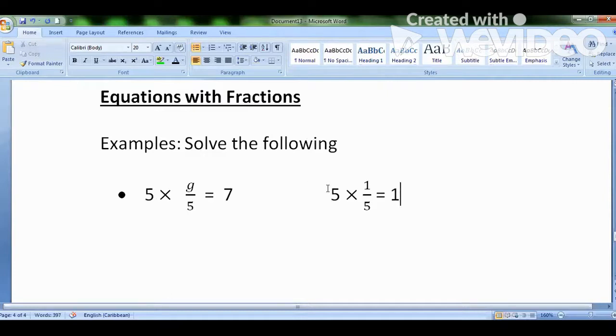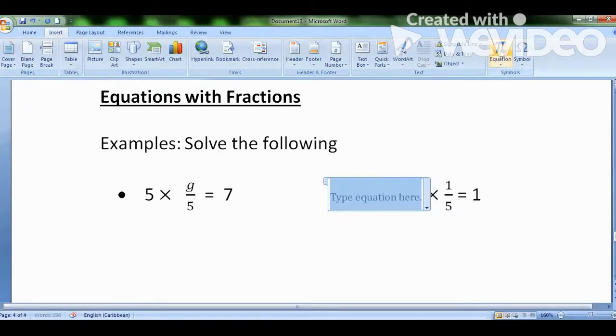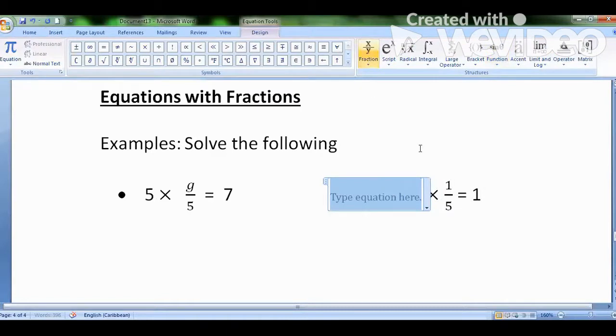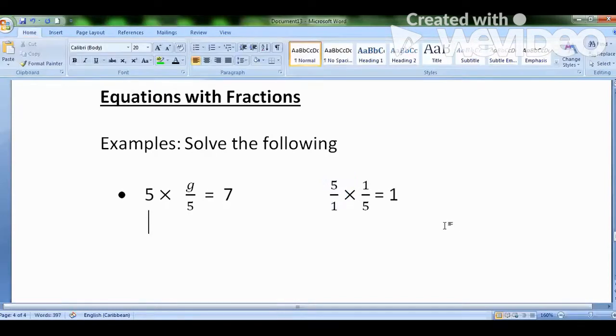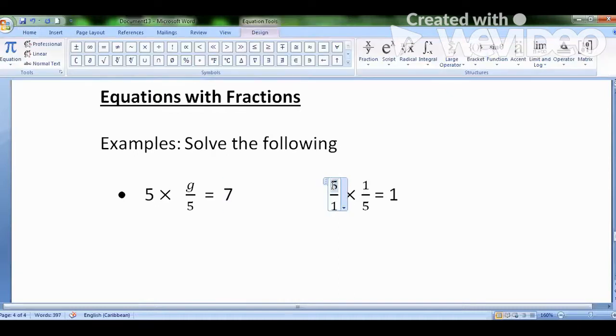Because when we multiply fractions, how do we multiply fractions? Cross multiply. Well, we have to cancel first, don't we? See there? This 5 cancels out that 5, don't you?